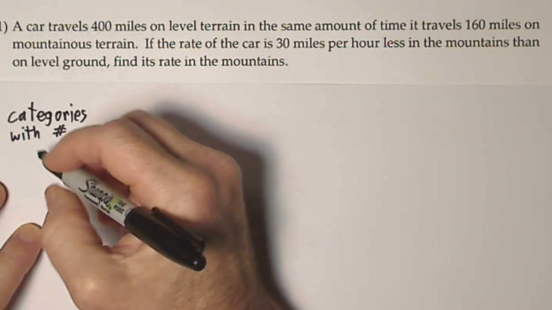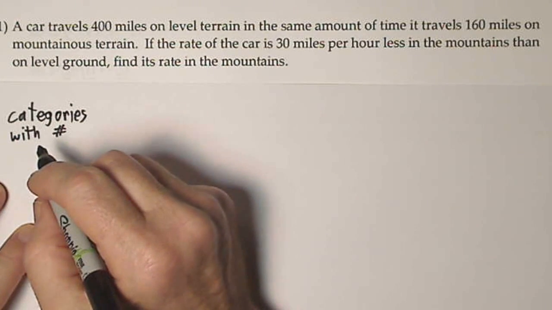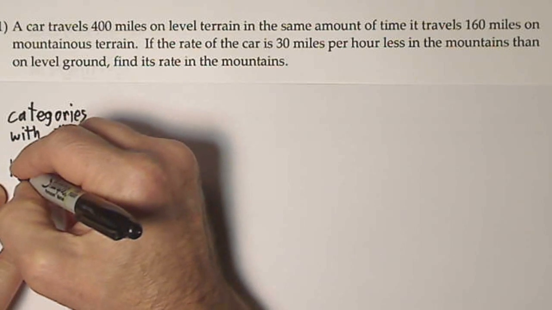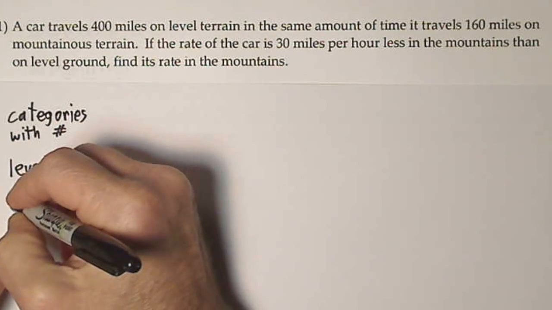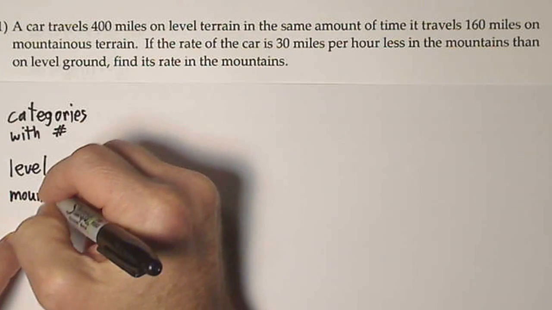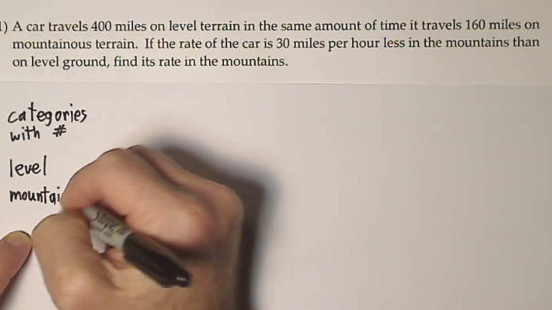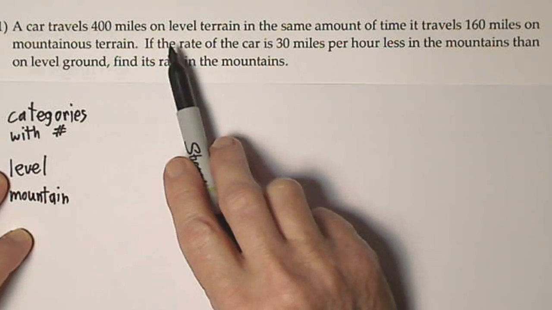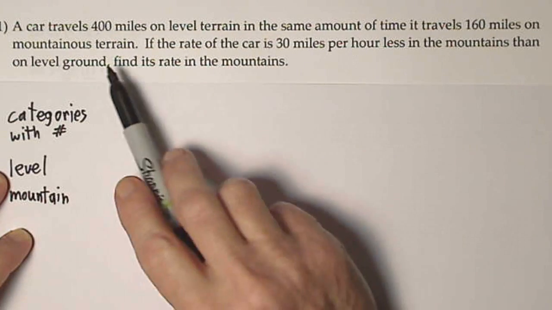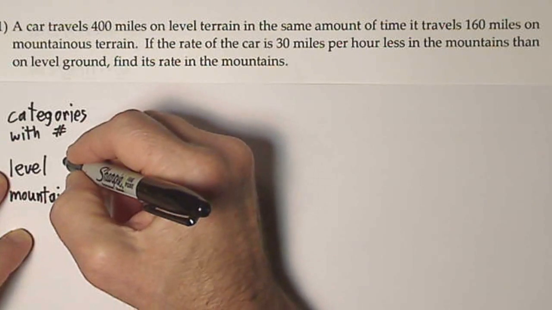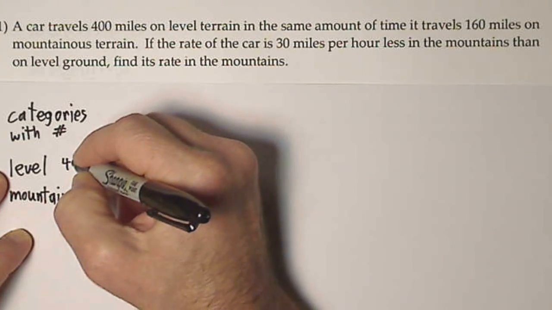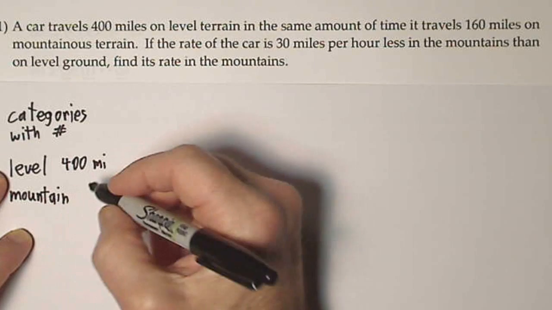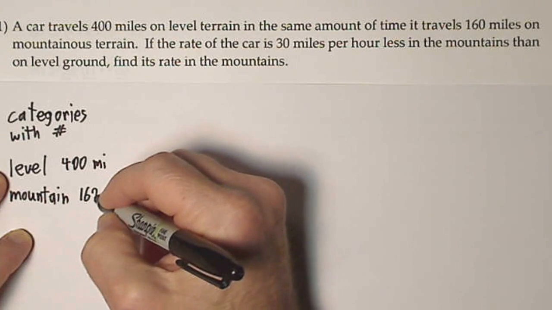We have level terrain and mountainous. So we'll say level, mountain, and 400 miles on level, 160 miles on mountain. So level, 400 miles, and mountain is 160 miles.